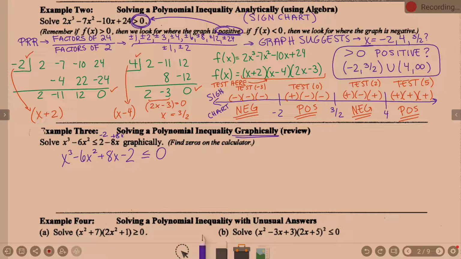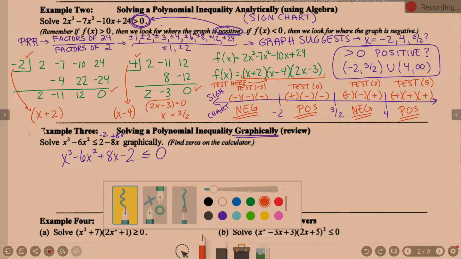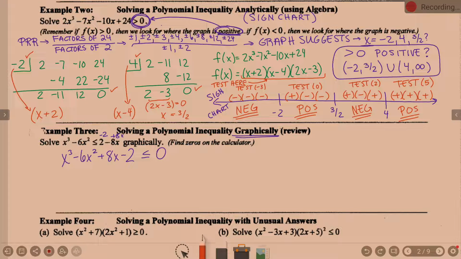So, since the question says less than or equal to 0, what does that mean? I want to know, where is the graph negative?